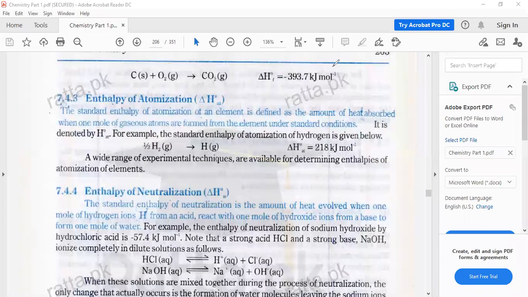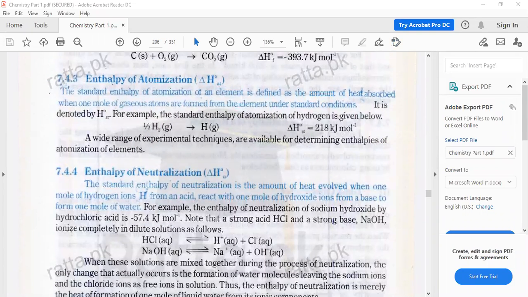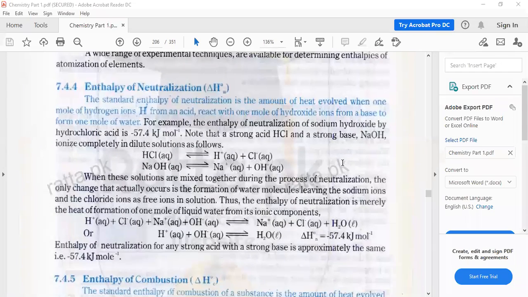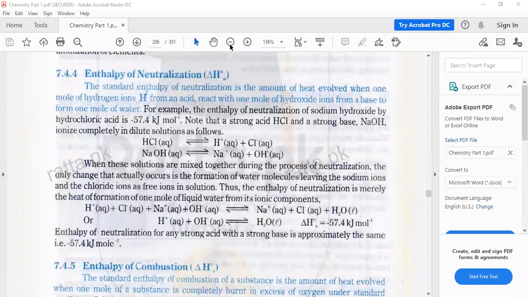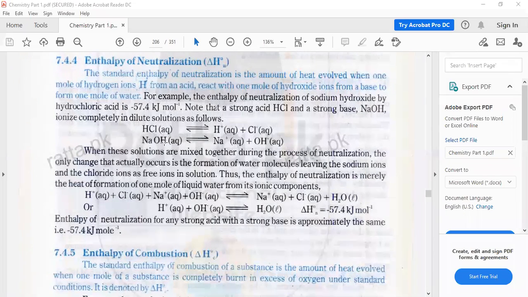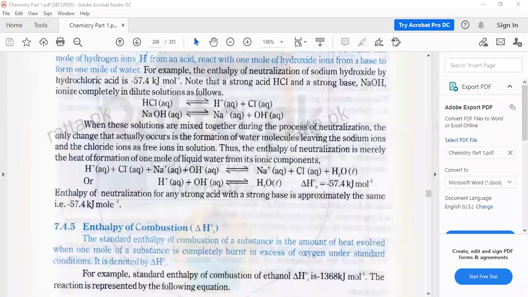HCl is providing H positive ion, NaOH is providing OH negative ion to the system. The H positive and OH negative ions combine, 1 mole each, and give you 1 mole of water. The remaining ions are Na from the sodium hydroxide and Cl from the HCl. They remain moving freely in the system in the form of ions.